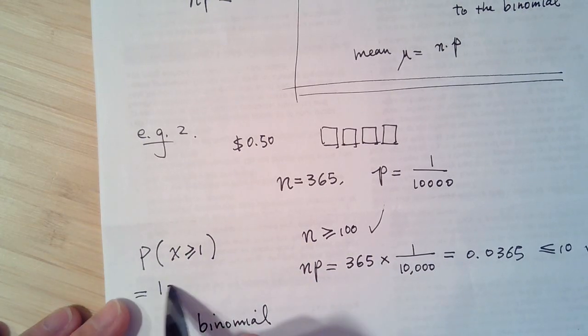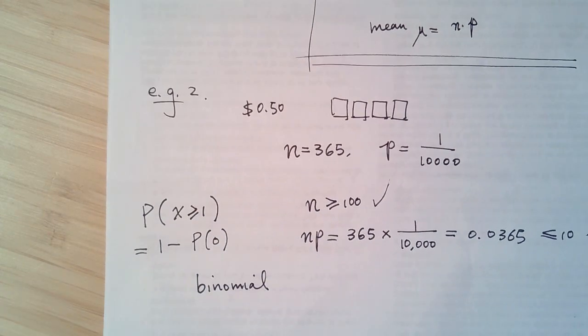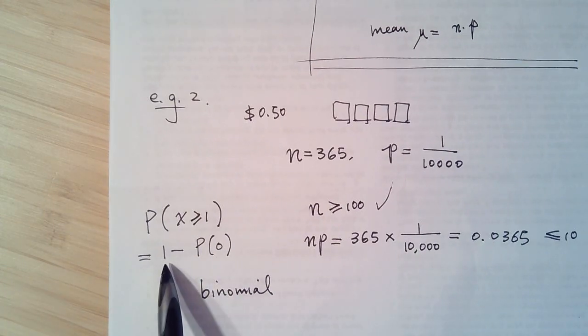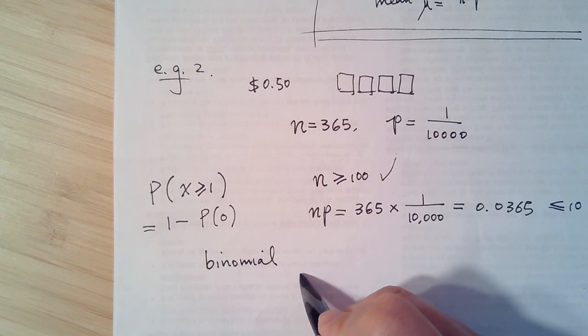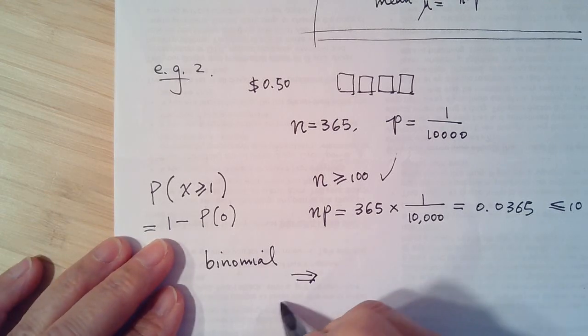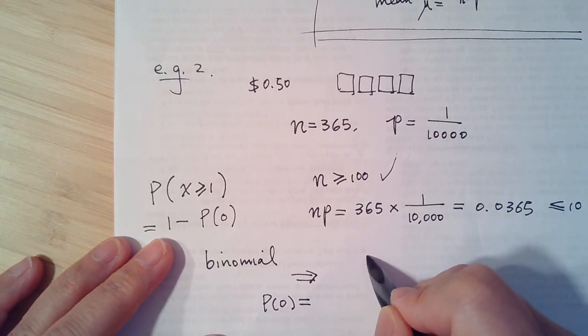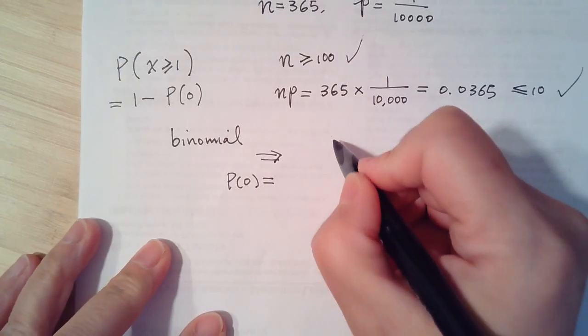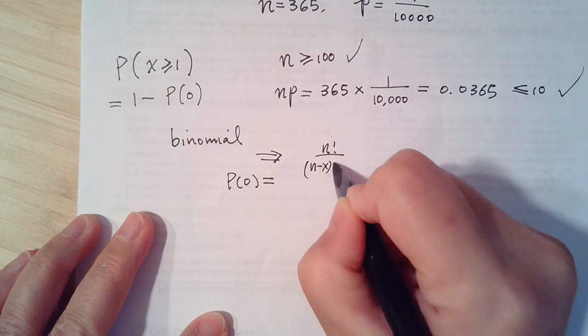Then 1 minus that means you win either once or twice or whatever. For the binomial, I would ask you to find the probability of 0. Do you remember the formula? Let me write it here: n factorial over n minus x factorial, times p to the x, q to the n minus x, right?